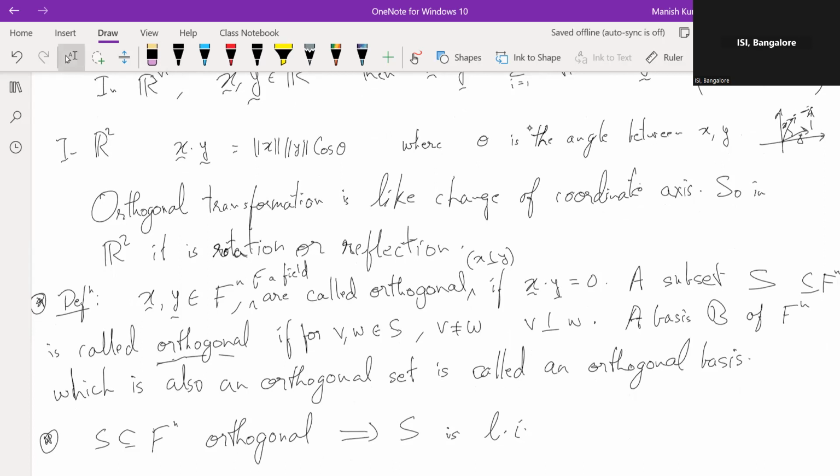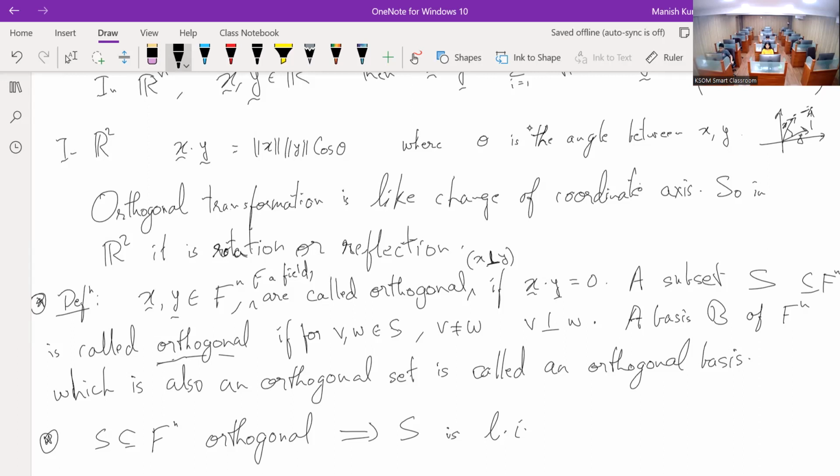Two vectors x and y are called orthogonal, written x perpendicular y, if their dot product x dot y is 0. This is again from physics. Are you familiar with the dot product from physics? Yes, sir. Okay.